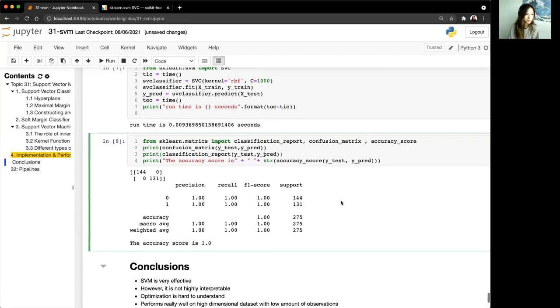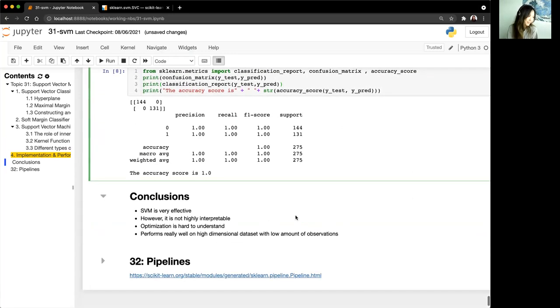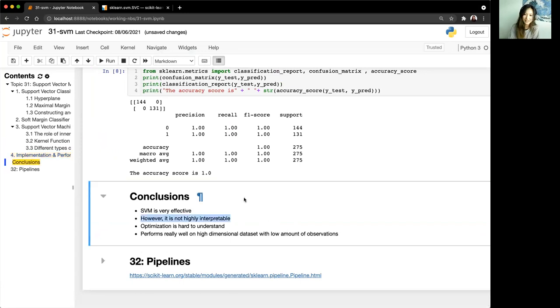All right, so in conclusion, SVMs are very, very effective. However, they're not very highly interpretable. Because we are creating these brand new dimensions that don't really have any interpretable meaning in context, you lose that interpretation. Yes, you can actually get coefficients out of SVM, but sometimes the coefficients are not linear and therefore they don't really have much meaning.